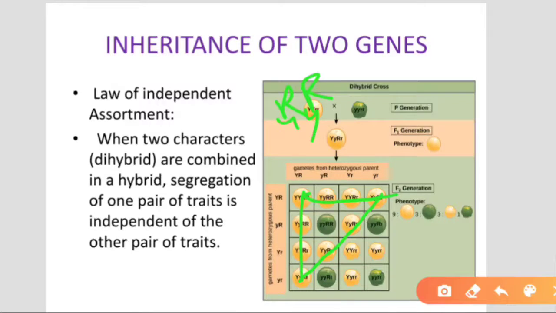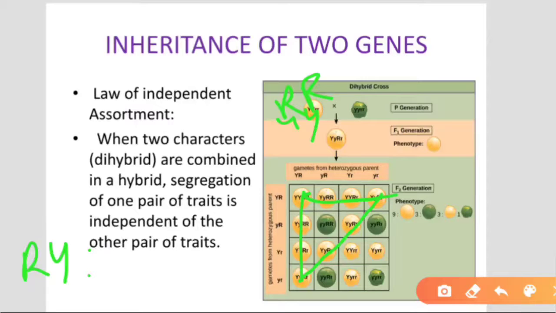You can see the progeny present in the line of these triangles. You can see all these are round seed and yellow seed.